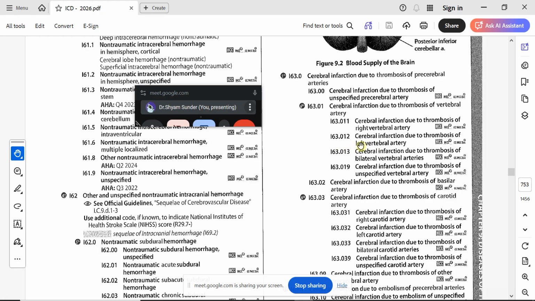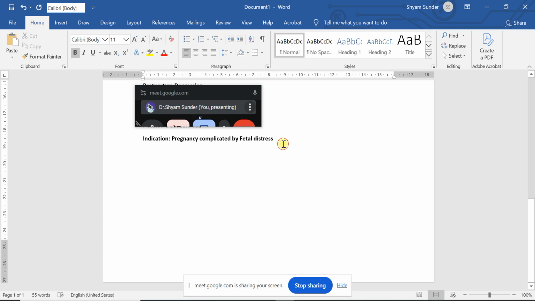I went through the same path, but at the end, I guess I did something. In the index you find due to thrombosis, embolism, right? So here, thrombosis, embolism. What is the difference? Thrombosis is a blood clot. Embolism is circulating.